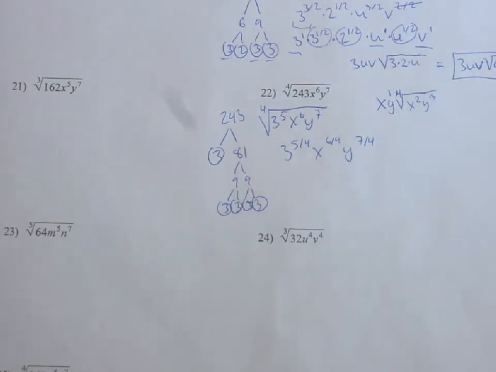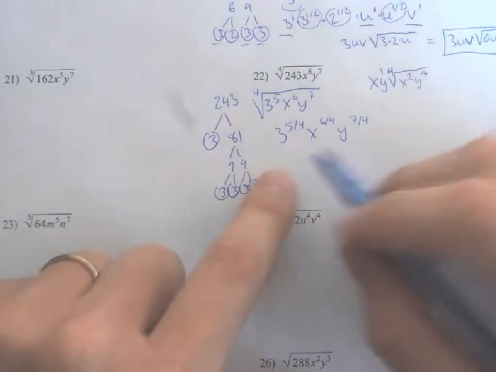The reason why is because at the end of the problem, we want to be able to put everything back into the root 4 again. And if the denominators don't match, then we won't be able to put them all back into the root 4. So even though it's really tempting to want to simplify that, and I would want to do the same thing, we want to leave them with denominators of 4.